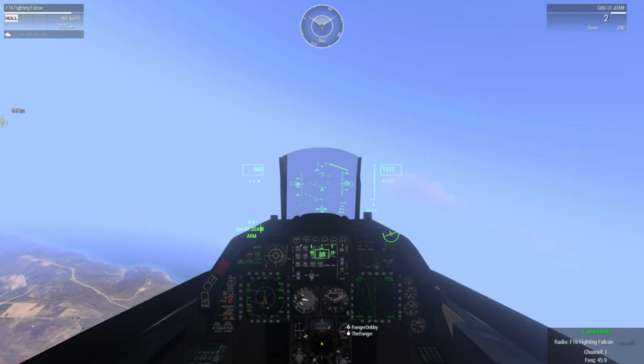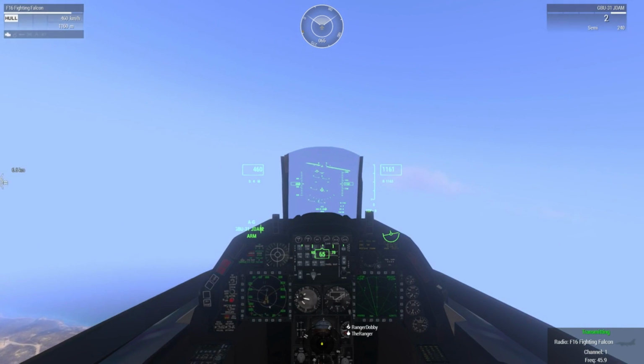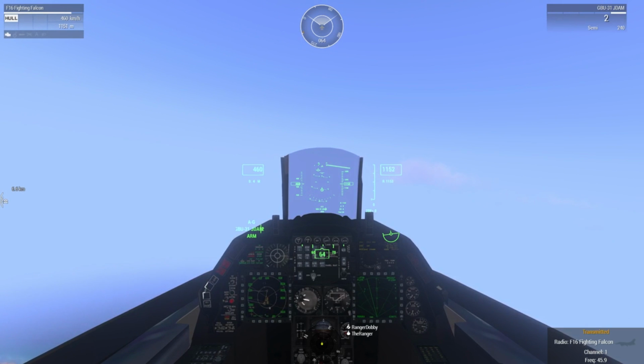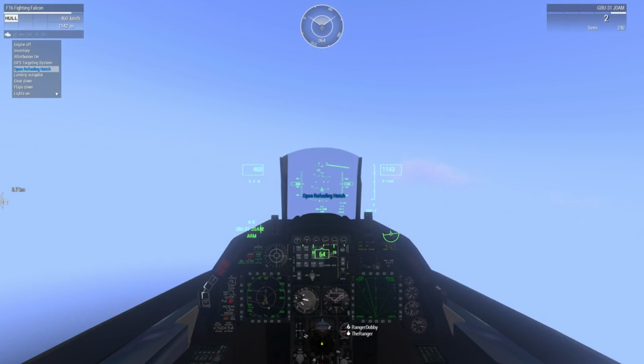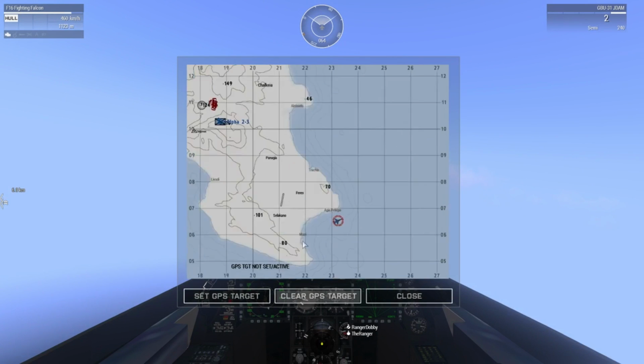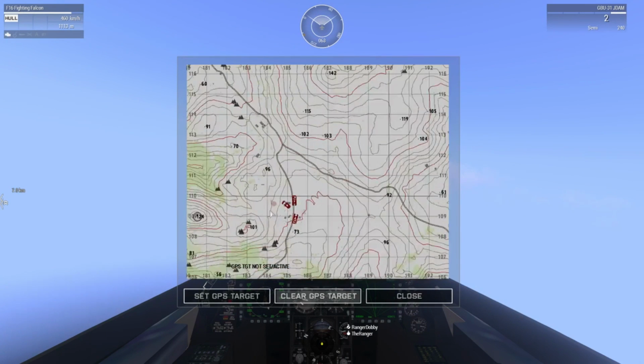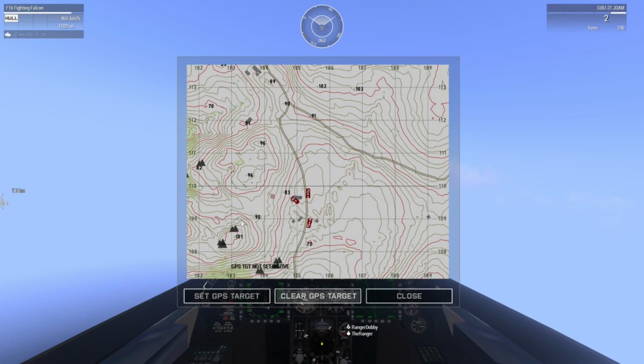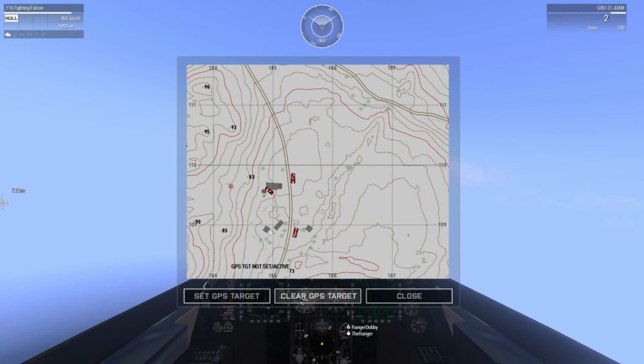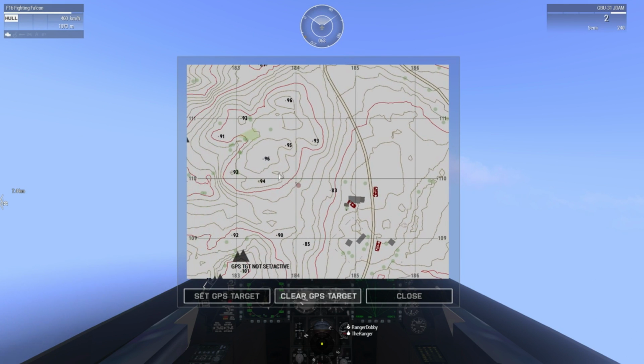Alright, so with the JDAMs, we're going to have to pull up our GPS targeting system. We're only human, but on that little miscommunication with the radios, it happens, but try not to make too much note of it. So looking at our grid reference, 1838, so about right here, and 1109.